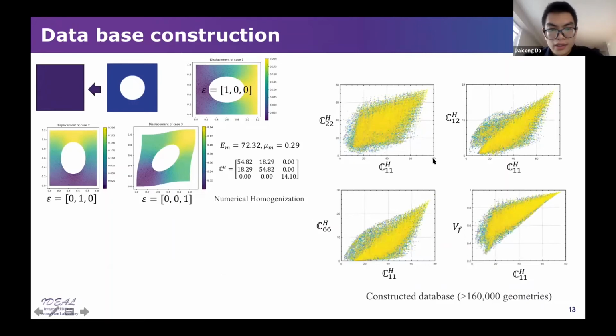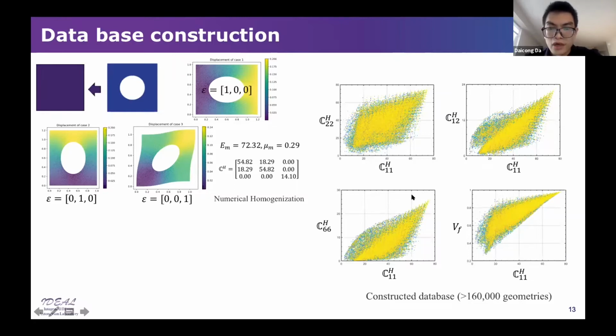And we produce different geometries and compute previously the effective stiffness tensor. We use more than 116,000 geometries, and it will cover the major part of the possible solutions, and the volume fraction is also covering between like 0.2 and 100%.